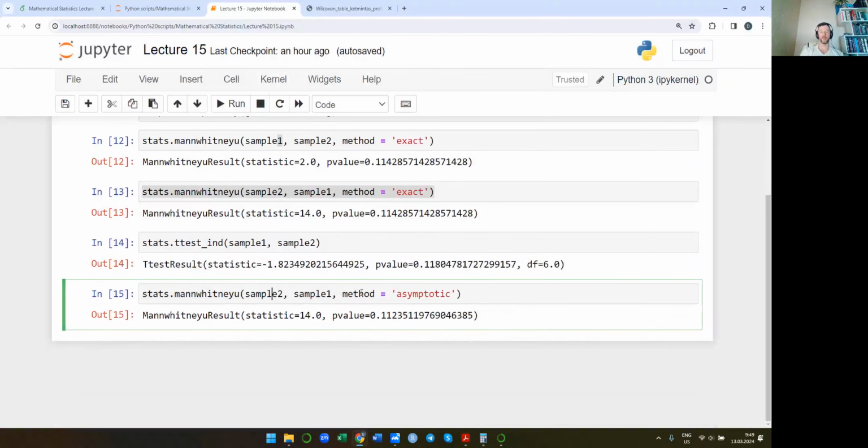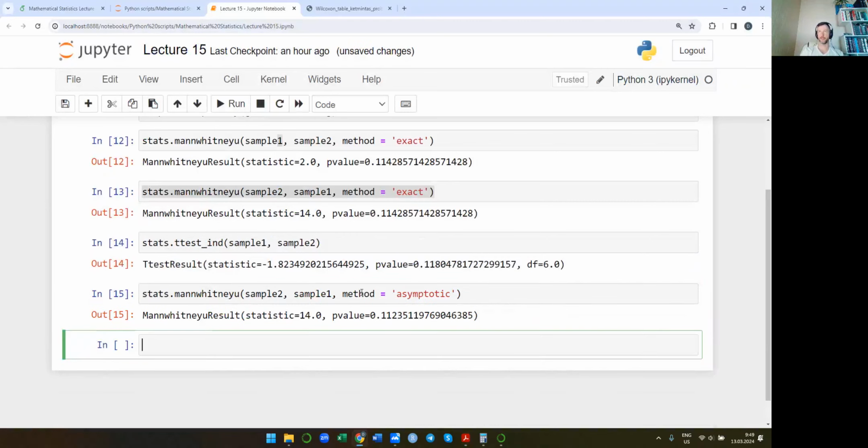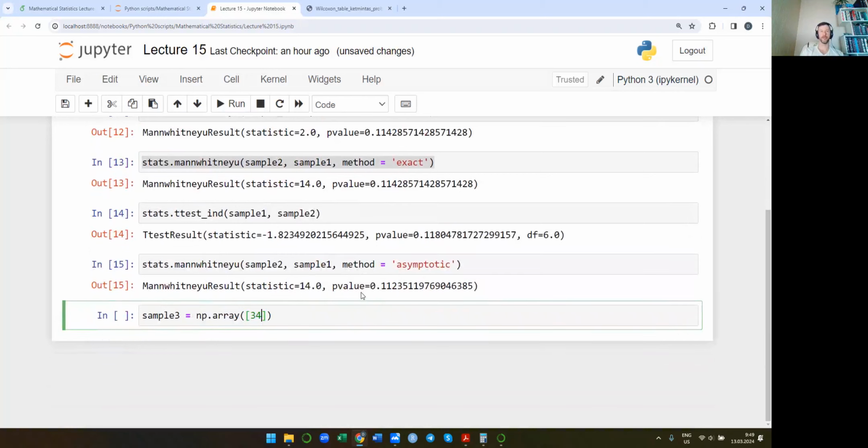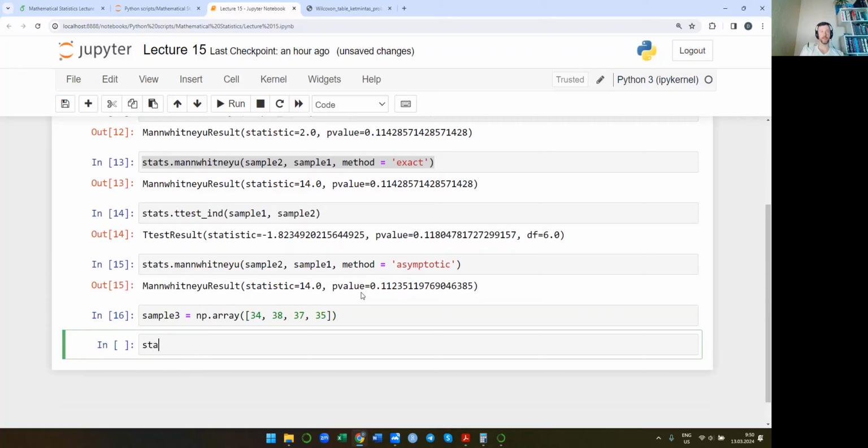So let's, again, in Python, just so you understand the logic, create sample number 3, which is going to be a NumPy array. Let's take some other values: 34, 38, 37, 35, let's say.